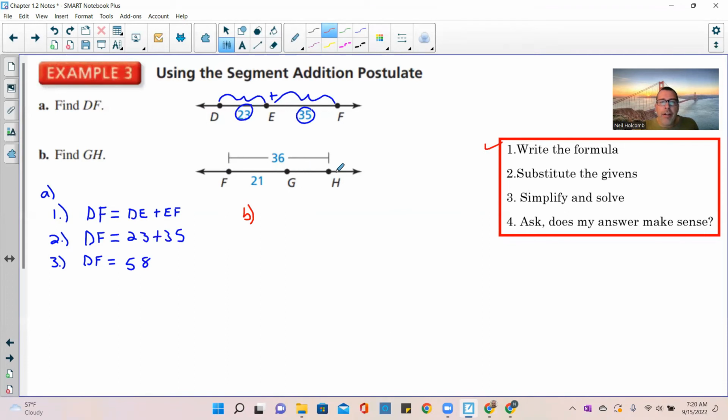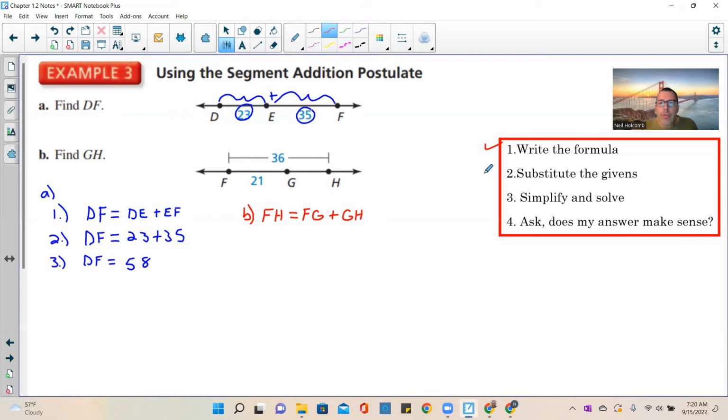We have a segment that goes from F all the way to H. So I'm going to say FH, the whole thing, equals the left end going to the point that's between. G is between F and H. I'm going to call this FG plus GH. So it's FG plus GH.